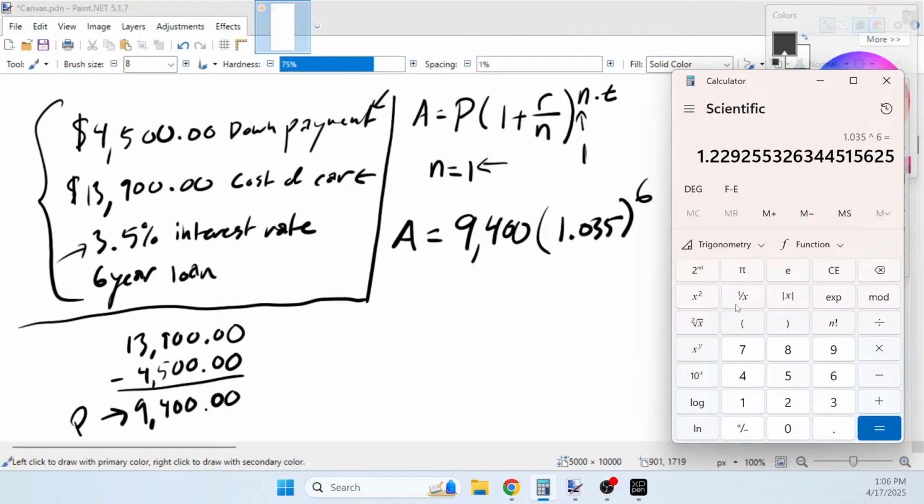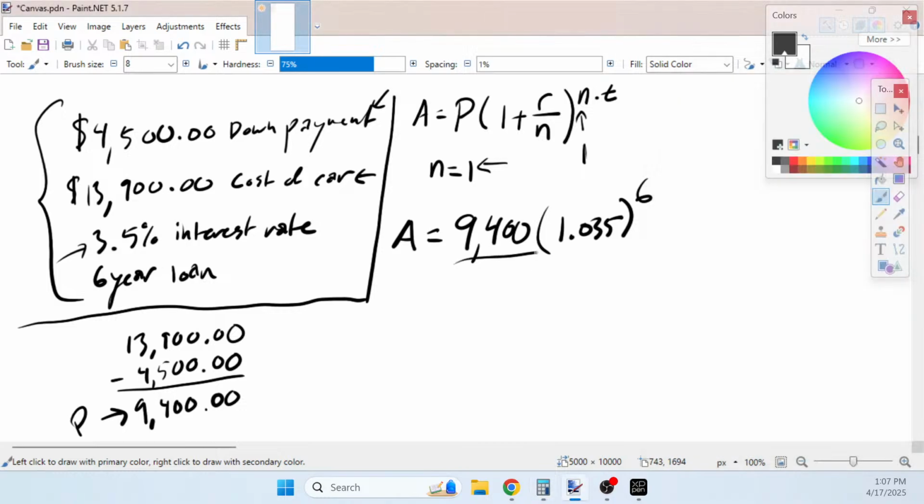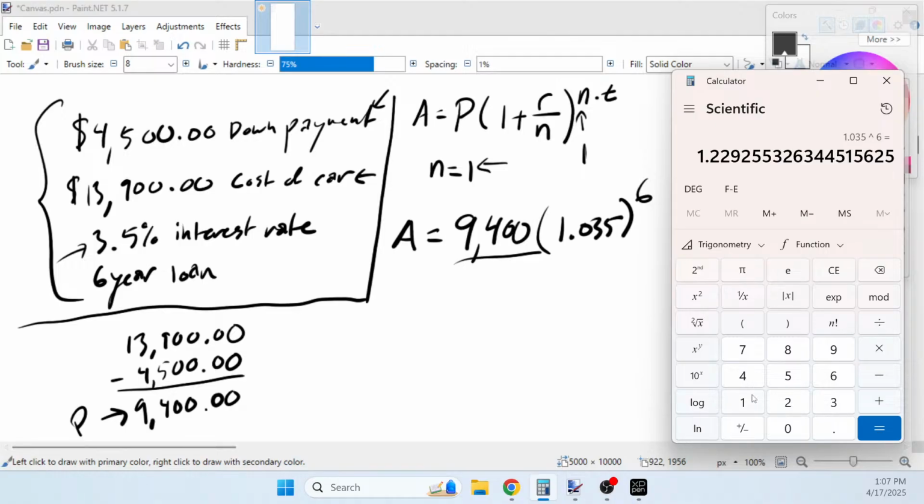There we go. We get this, and then we're going to multiply that by 9,400, and we get about 11,555. It'll round down to no cents.